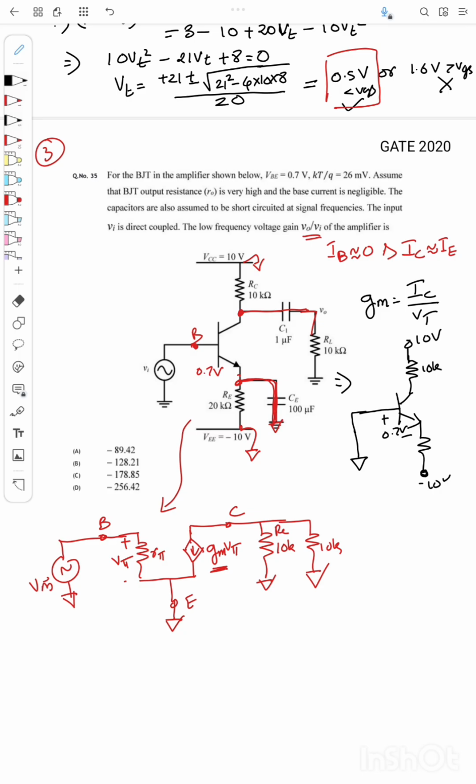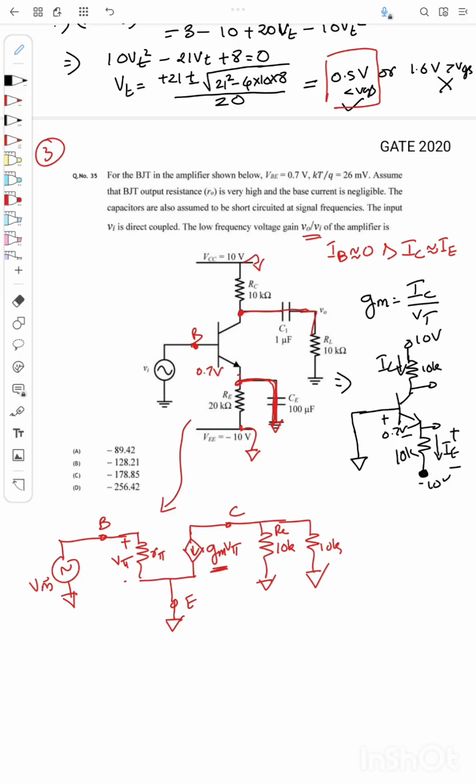So if I know this current IE, that is same as IC. Here it is 10k, right? So what is IE? IE is the current through this resistance. So I just need to find the voltage across this resistance, RE. From the circuit, it is clear that here it is minus 10 volt.